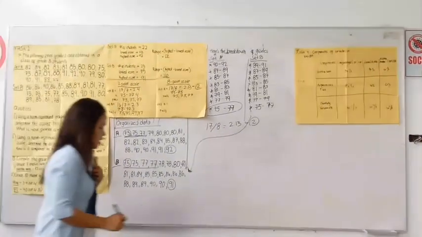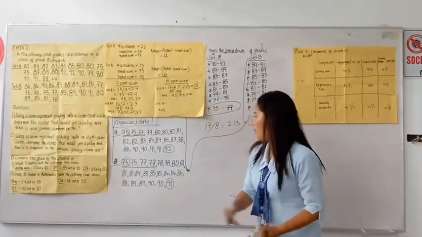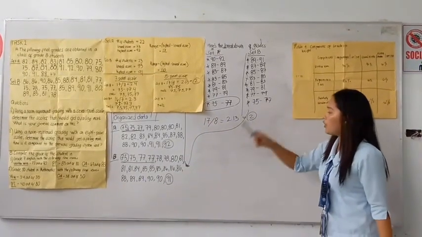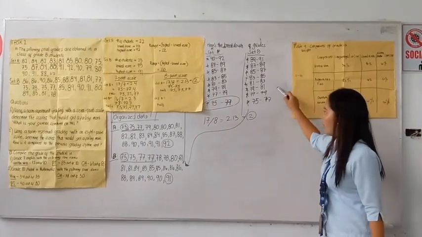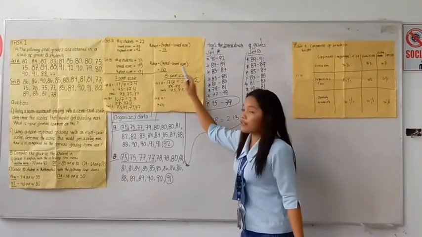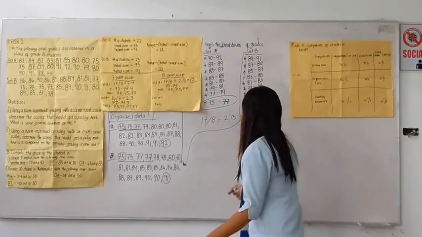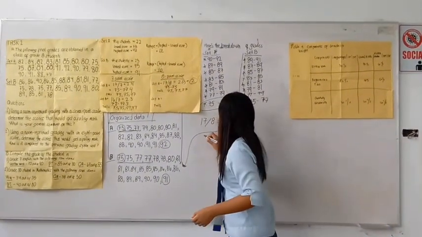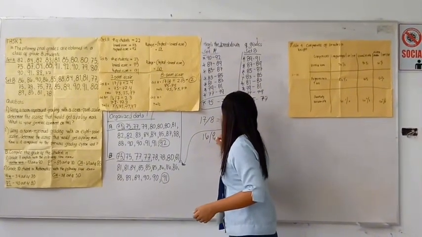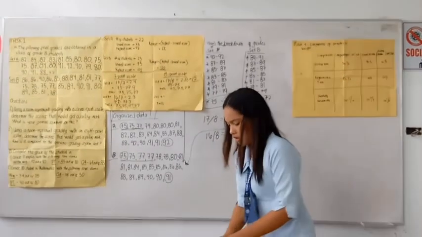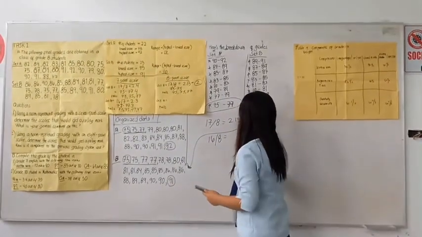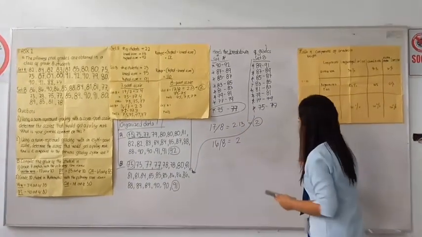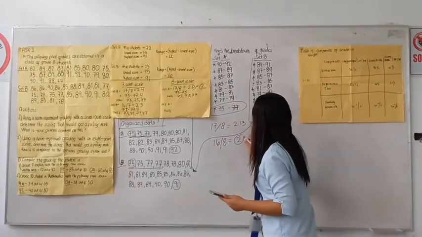Then for set B, in order to have this breakdown, we have to get the interval. We have 16 divided by 8 equals 2. So the interval is 2.